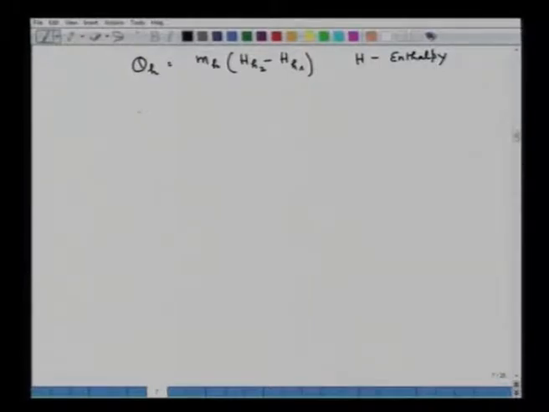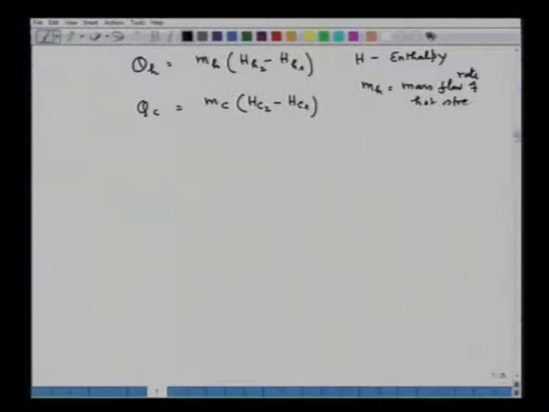Similarly, for the cold fluid, we can write down mC into (HC2 minus HC1), where mH is the mass flow rate of the hot stream, and mC is the mass flow rate of the cold stream.